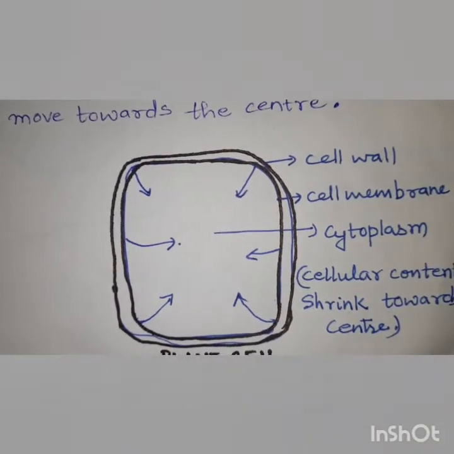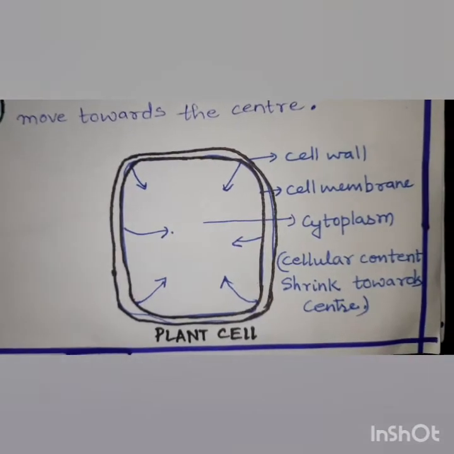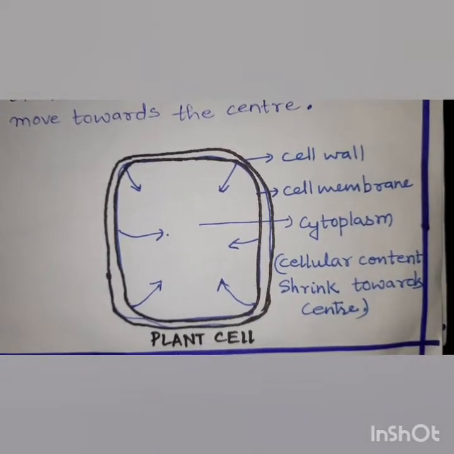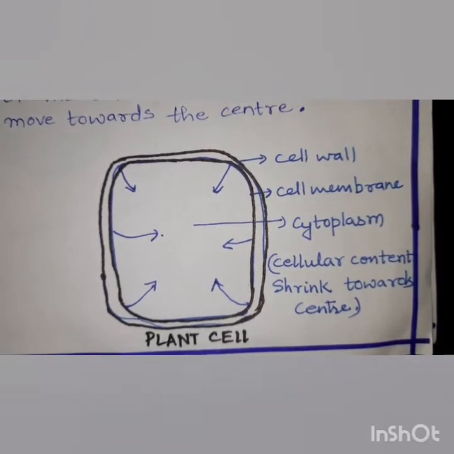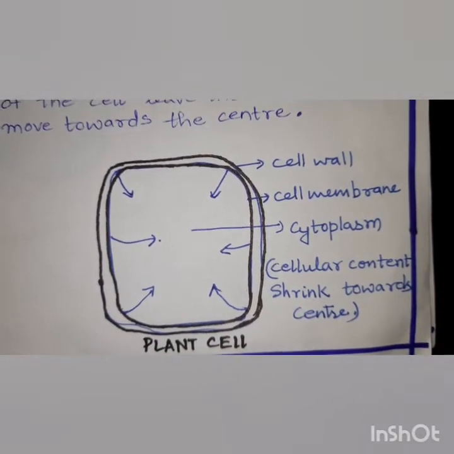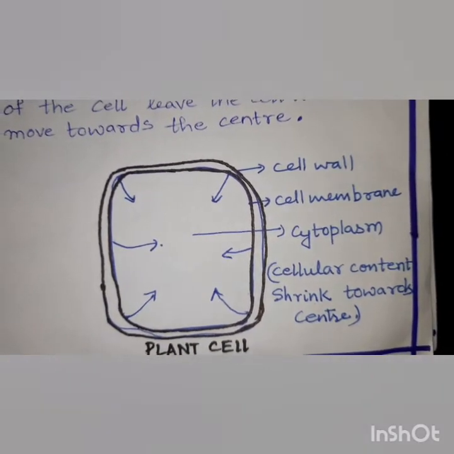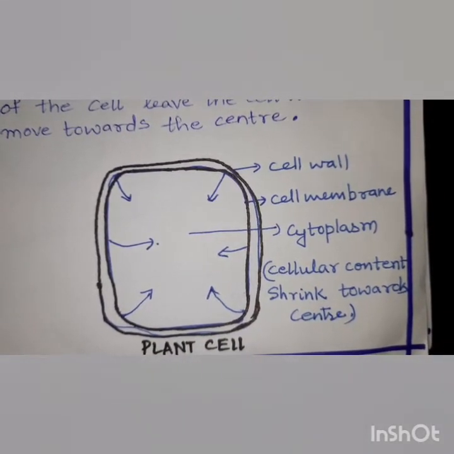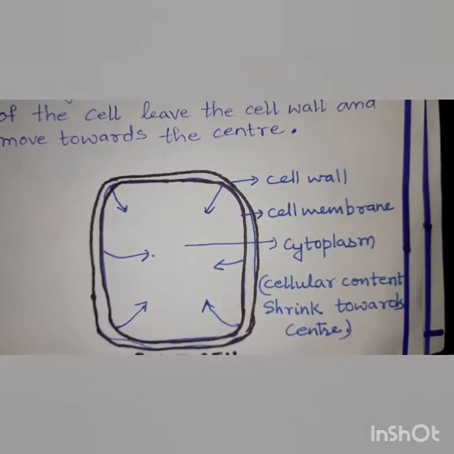Since the cell wall is a rigid structure, it cannot change its shape and position, whereas the plasma membrane and the cytoplasm are flexible enough to change their shape and position. So when they lose water, the cell membrane and the cytoplasm move towards the center, leaving the cell wall at its place. Now what will happen after some time?